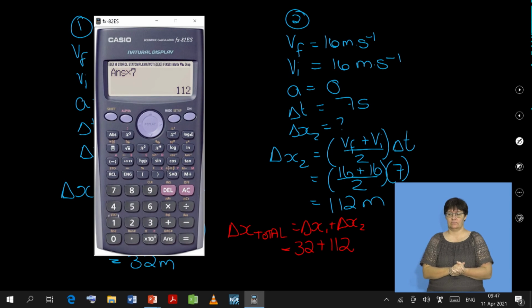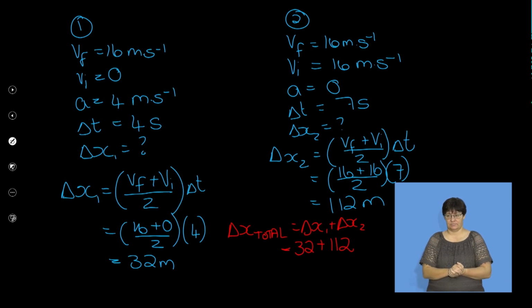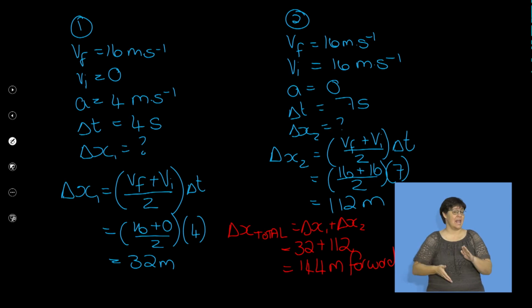And just to be on the safe side, we use our calculators, and we get 144 meters forward. Okay? Because the acceleration changed, I had to do it in 2 parts. Very, very, very important here.